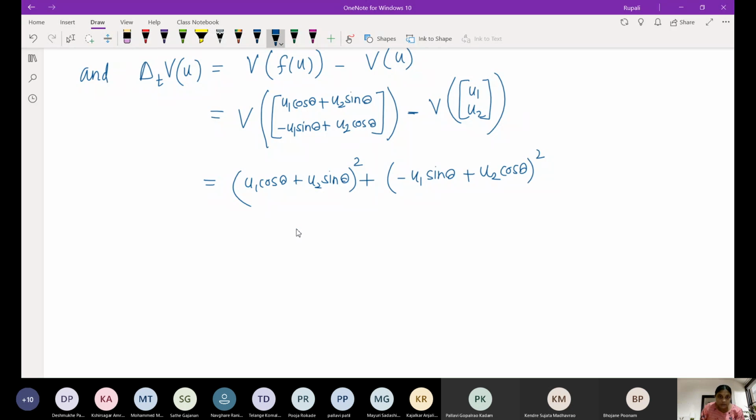That is my V at this. And minus V at U1, U2, which is U1 square plus U2 square.